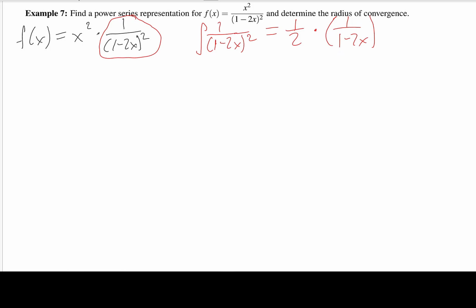Okay. So then this should be equal to 1/2 times the sum from n equals 0 to infinity of my a times r to the n. Well, a is 1, right? There's my a value. And then my r will be positive 2x, so this is 2x to the n.